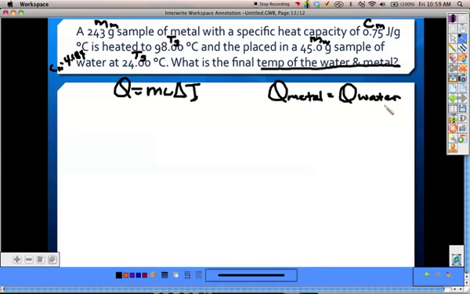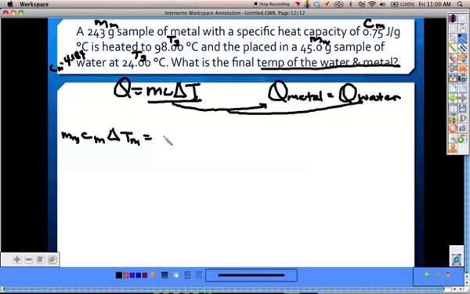I know all of this and I don't know Q, so I can place mc delta T in for both of those. So my mass of my metal times my specific heat capacity of my metal times my delta T of my metal is going to equal my mass of my water times my specific heat of water times delta T of water.